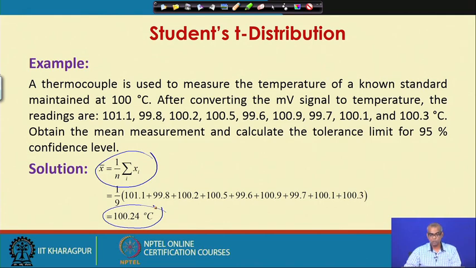Now, this measurement has to be expressed as the mean plus or minus some uncertainty. Sigma by square root of n may not be a good idea here because the sample size is small. So, we will make use of Student's t distribution.